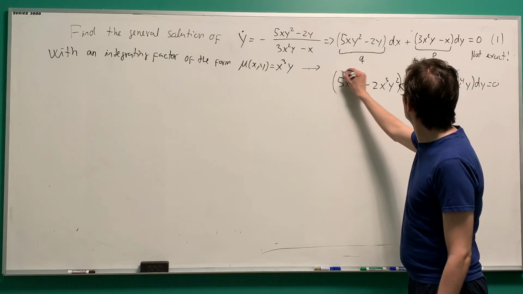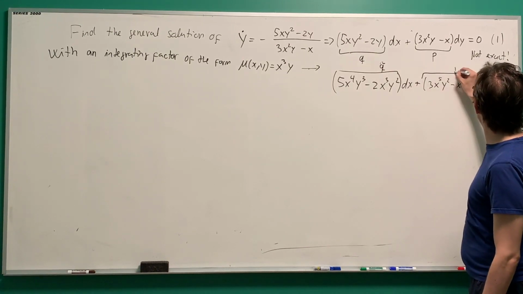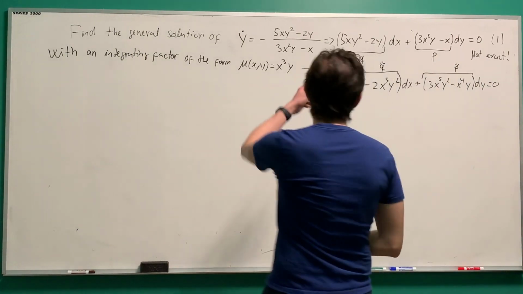And this here is my q tilde, and this is my p tilde. Let's quickly check that we computed it right.